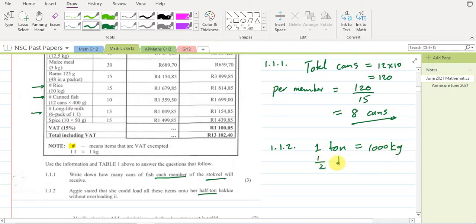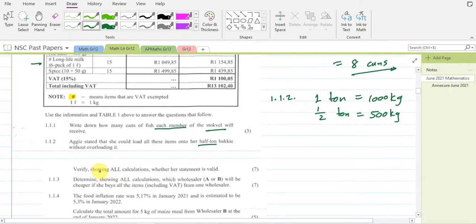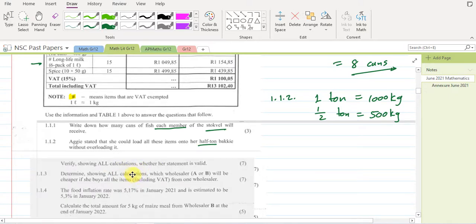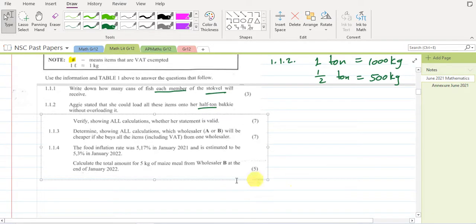So half a ton is basically equal to 500 kg. So Aggie stated that she could load all these items onto a half-ton bakkie without overloading it. Verify, showing all calculations, whether her statement is valid.